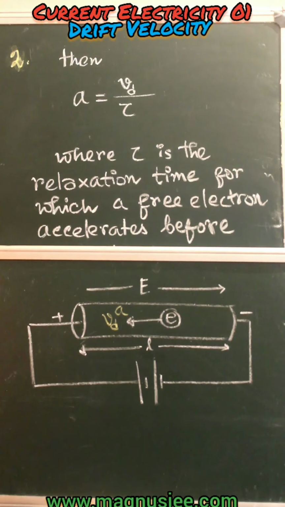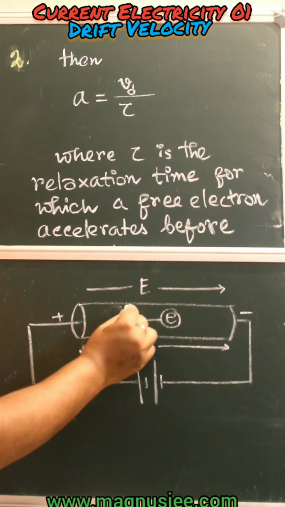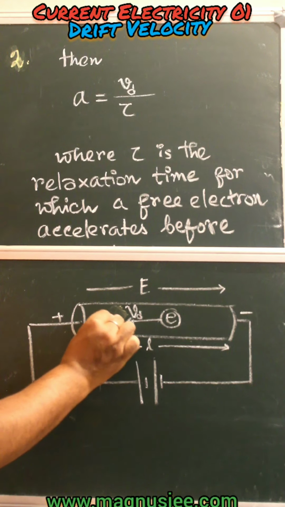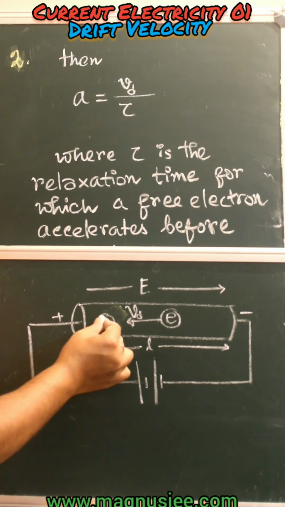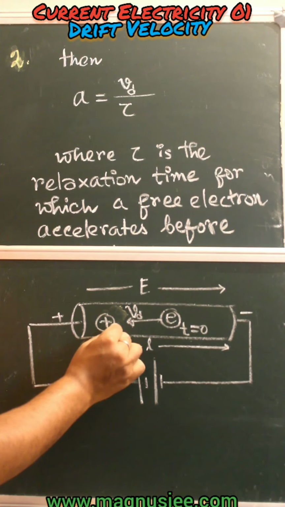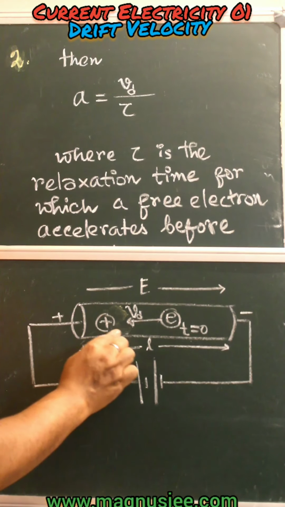So in the diagram, we can erase this Vd and E, and the electron is accelerated towards the positive end with drift velocity, and here we have a positive ion, and this electron will collide with this positive ion. The electron starts to move at t equal to 0, and it collides at the time t equal to tau.